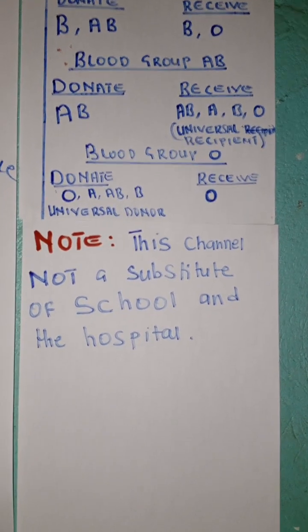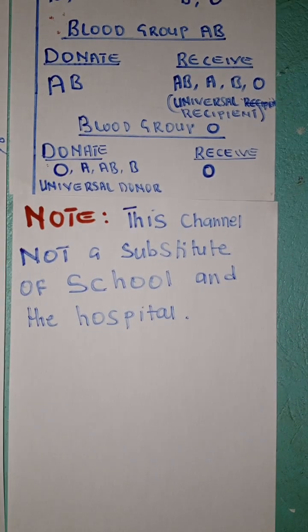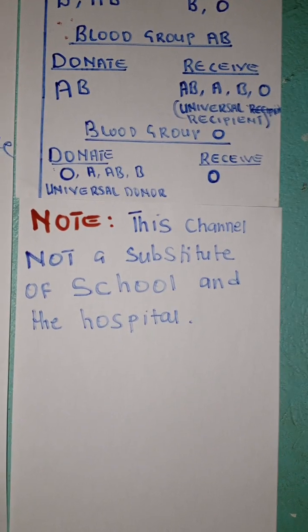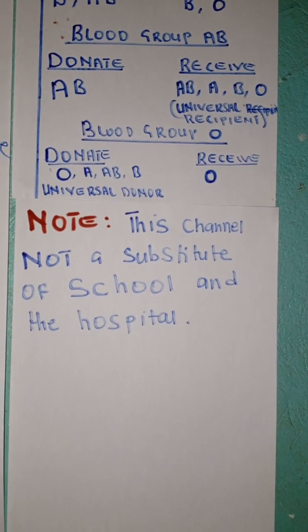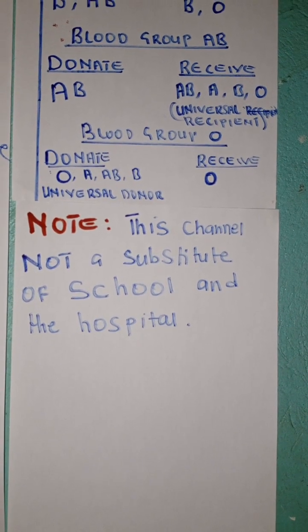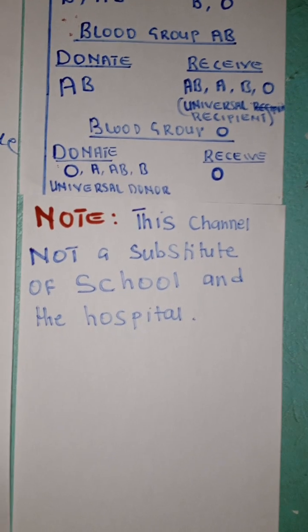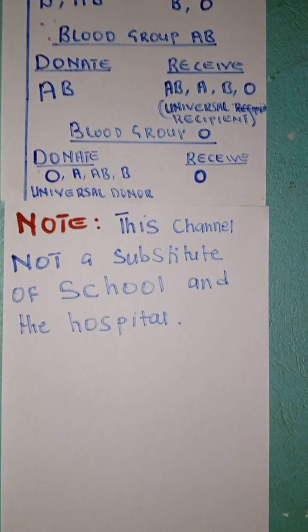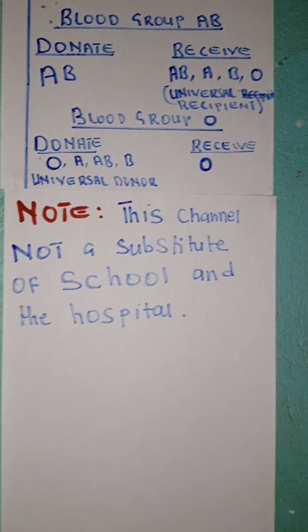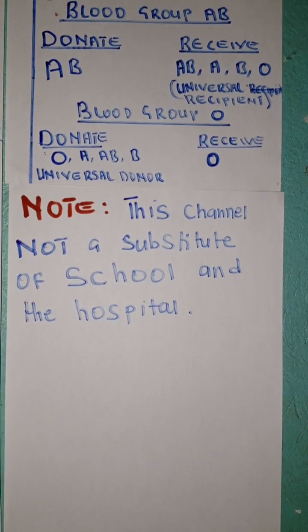Then blood group O. Blood group O can donate to blood group O, A, B, and AB. They are universal donors because they do not have antigens that will trigger the antibodies to react.